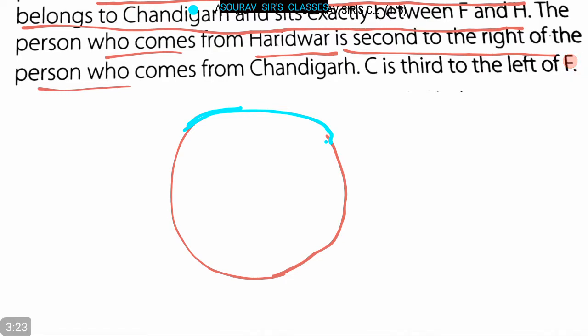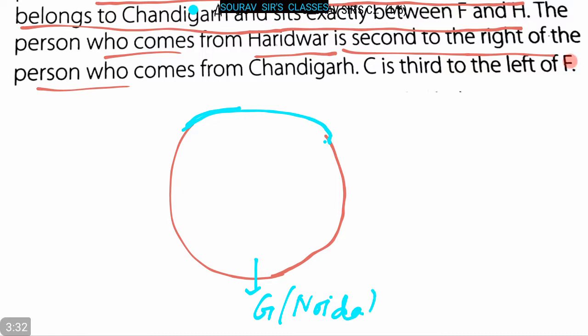From this we can say that here is G who comes from Noida. Now in this position let's take F who comes from Kanpur. Again in this position here is A who comes from Chandigarh.